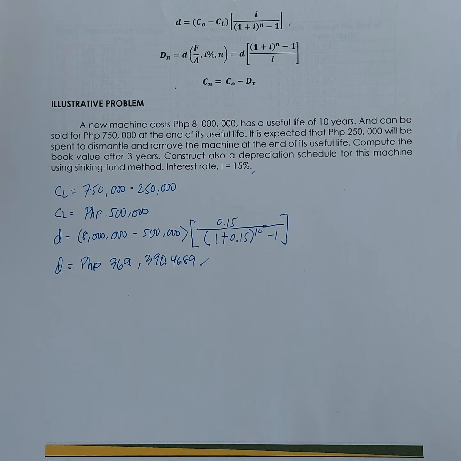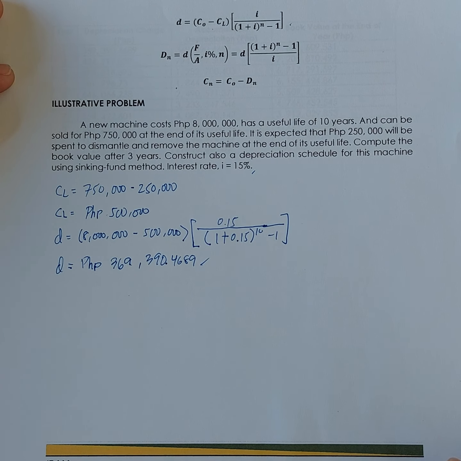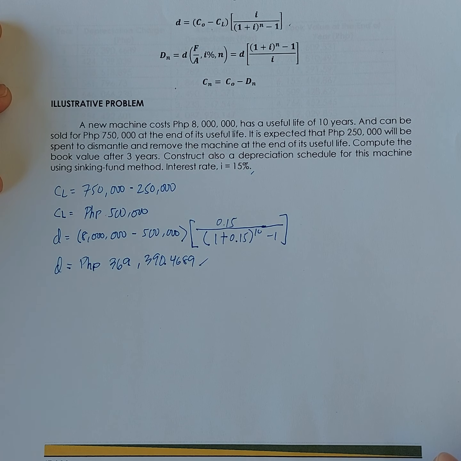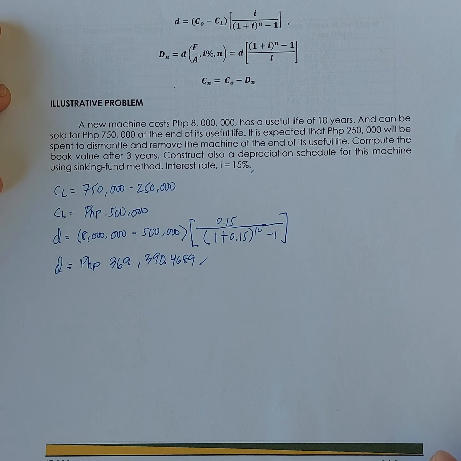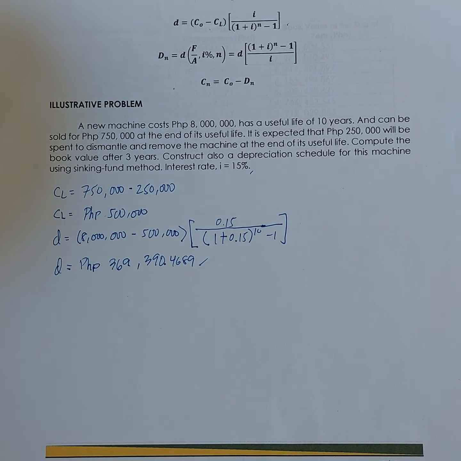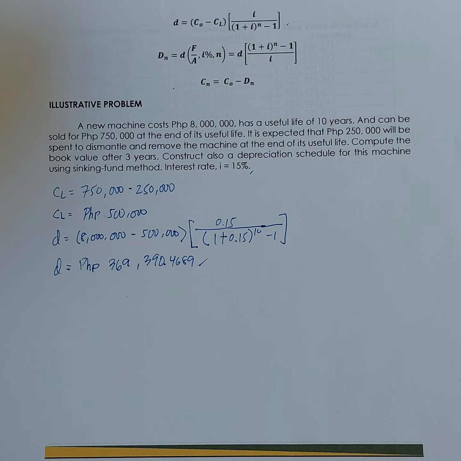And then we solve for the book value. So kailangan nating i-solve yung book value at the end of 3 years. Okay, so first we need to solve for the accumulated depreciation after 3 years.